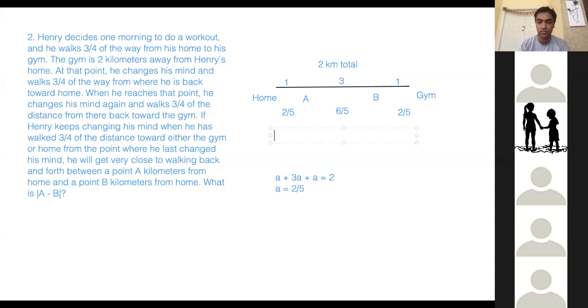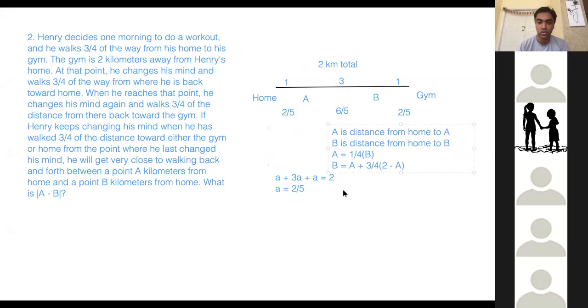If A is the position, the distance from home, and same for B, then we know that A has to equal 1/4 of B. And we know that B has to equal A plus 3/4 of (2 minus A).